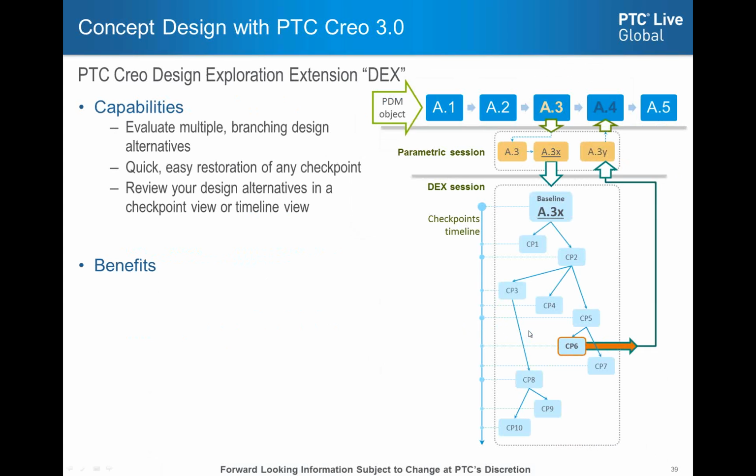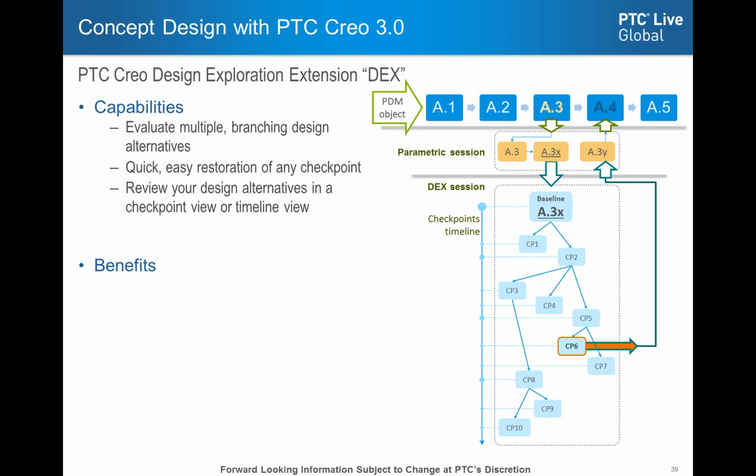This whole exploration data that we have can be stored as a single file, or zipped up as a single file, and actually stored in a PDM system. For example, inside Windchill, you can store it as secondary content to your assembly so that at any stage in time, maybe in a couple of years' time, I want to go back to a certain design and understand what decisions I made, what concepts I evaluated when I was working on this design.